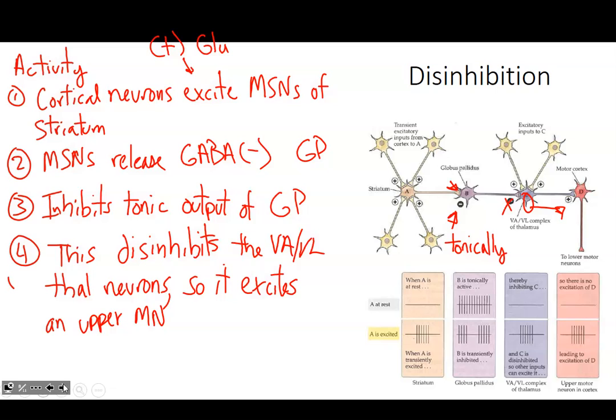And this synapse between the upper motor neuron and the thalamus, the VAVL of the thalamus, is excitatory, right, so this is glutamate.